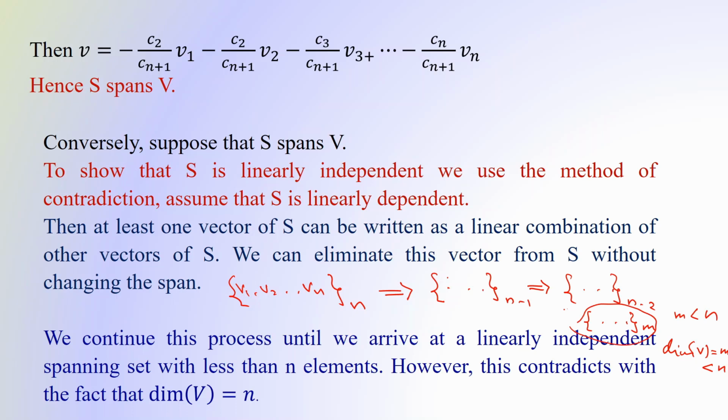So if we assume that S is linearly dependent, we end up with contradictory results. The dimension of V is not equal to n, it is less than n. This gives a contradiction, so our assumption is wrong.